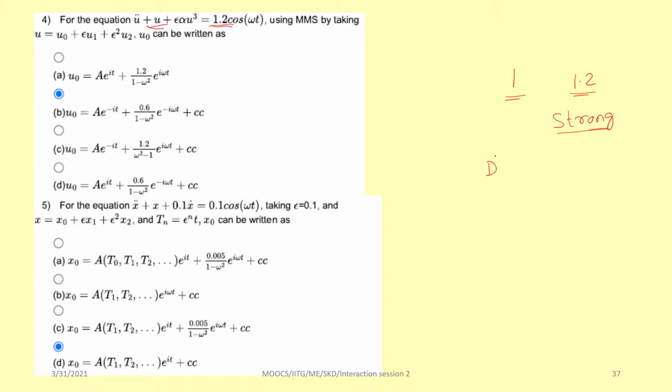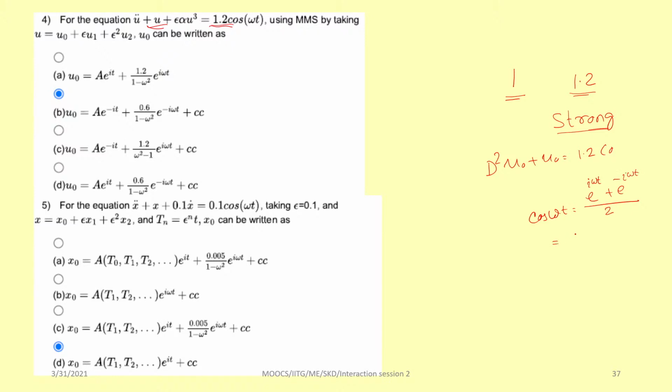The equation will be D0 square u0 plus u0 equal to 1.2 cos omega t. This cos omega t you can write as e to the power i omega t plus e to the power minus i omega t, divided by 2.